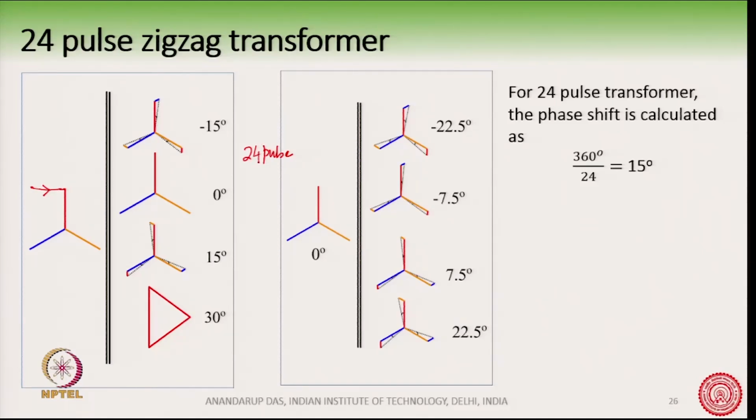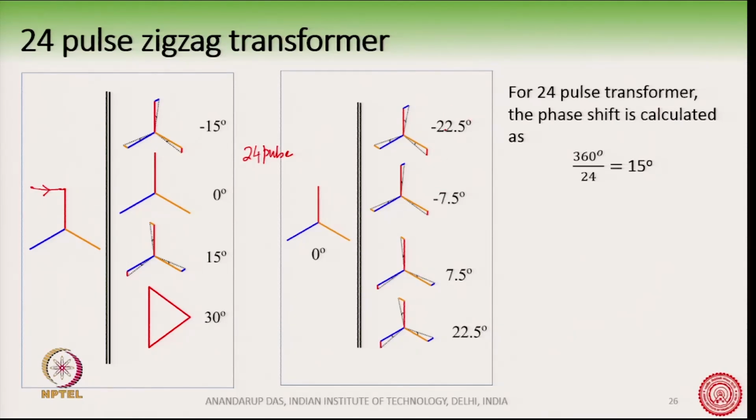There may be multiple ways of generating the 24 pulse. You can have the primary connected at 0 degree, and you can also have 4 zigzag transformers on the secondary instead of 2 zigzag as I have shown here. If you have 4 zigzag transformers on the secondary, you can have 22.5, 7.5, minus 7.5 and minus 22.5 degree angles.